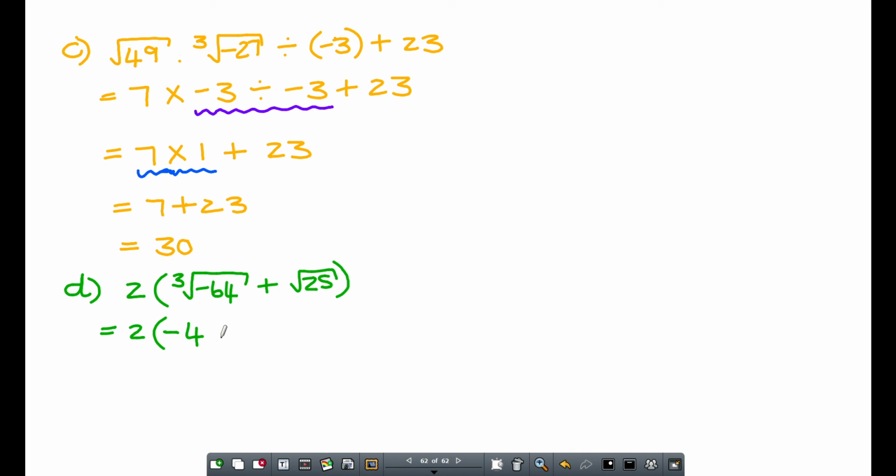And then the square root of 25 gives me 5. Now, because of BODMAS, I first had to sort out those brackets. Inside the bracket it says minus 4 plus 5, which gives me 1. And 2 times 1 gives me, why not 21? 2 times 1 gives me 1.